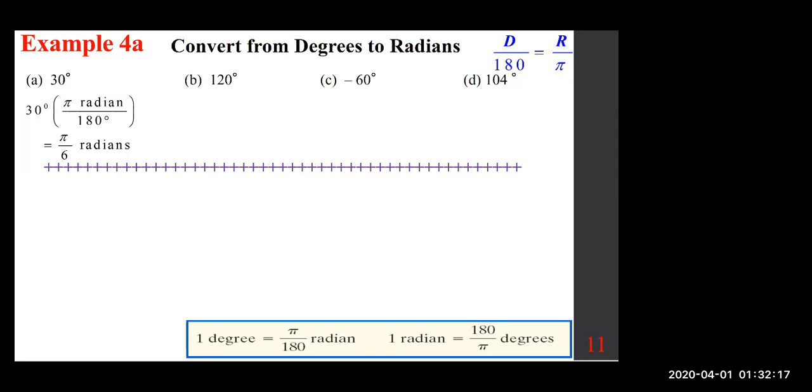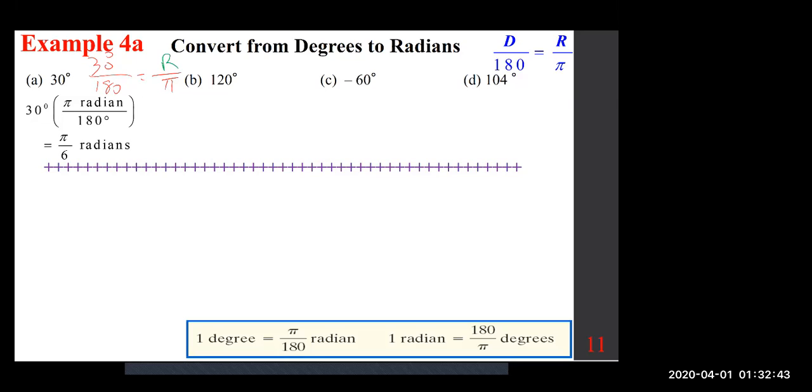Or the method that I went over, you can say, okay, let me write this, 180, pi, okay. Now the top is D and R, okay. So what is given? D. So you write it. What is missing?